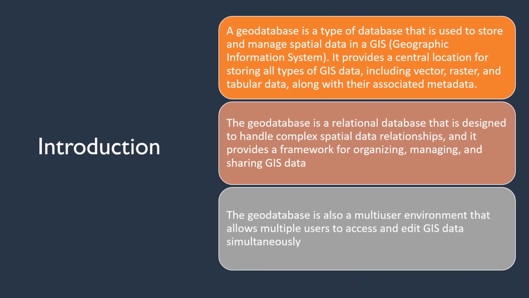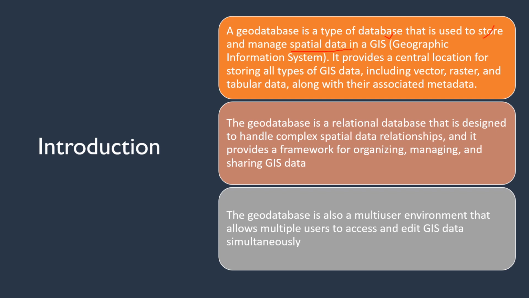Here you can see a geodatabase is a type of database that is used to store and manage spatial data. Spatial data means geodata, the data which has spatial information, the information of the surface of the earth, which may be a line, a point, or a polygon, and which has a coordinate system.